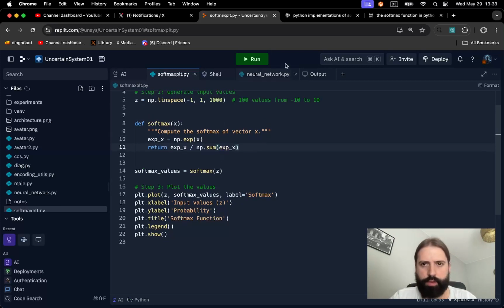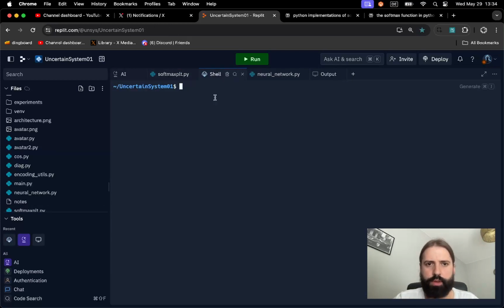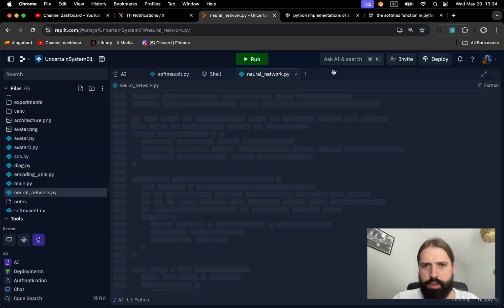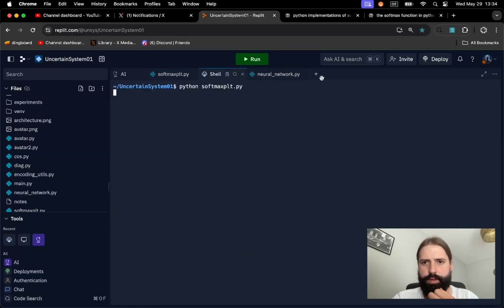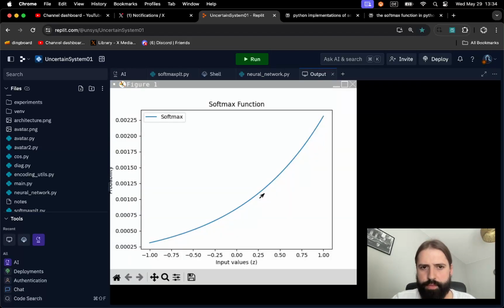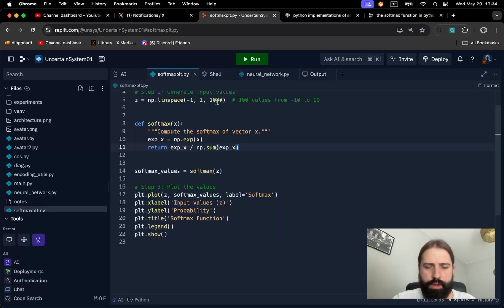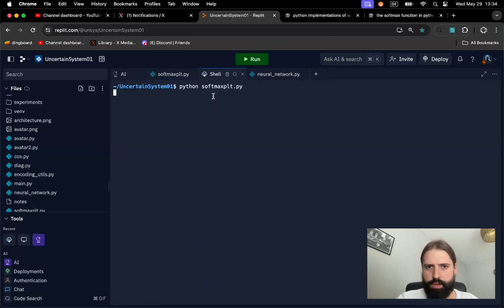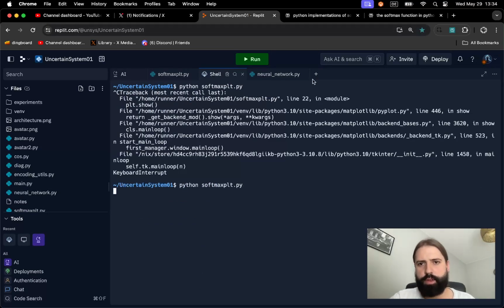Even in that case, softmax is just not. It just does not.